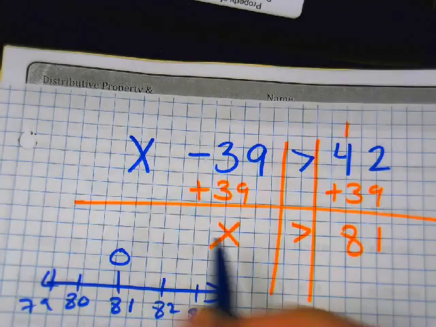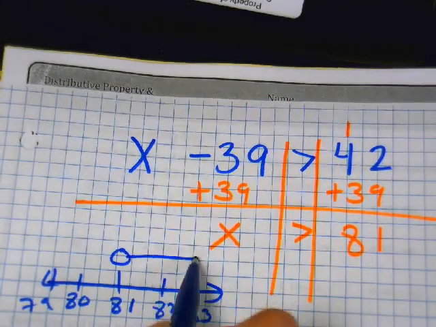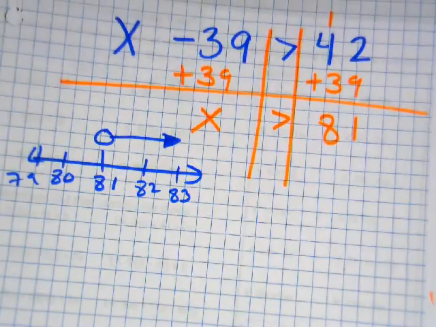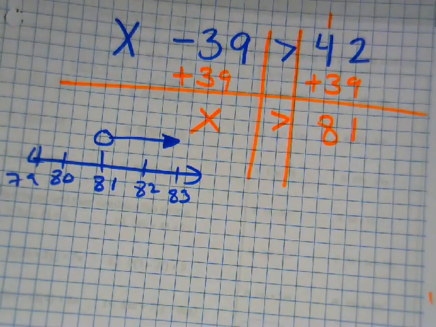Open circle and to the right. We okay? Pretty easy, right? If it's a plus sign, you're going to minus. And if it's a minus, you're going to add. Think we're okay. We're not going to go into the negatives.